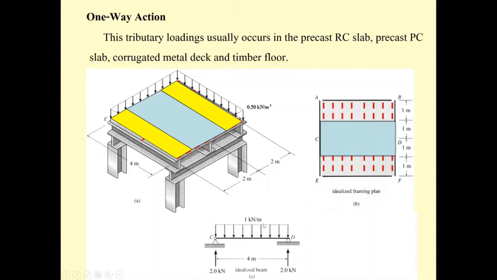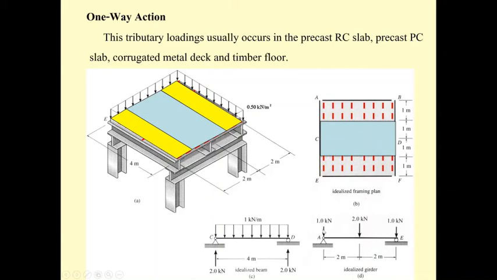That means beams AB and EF are subjected to a uniformly distributed load, half of this, and the reaction is going to be half of this also.